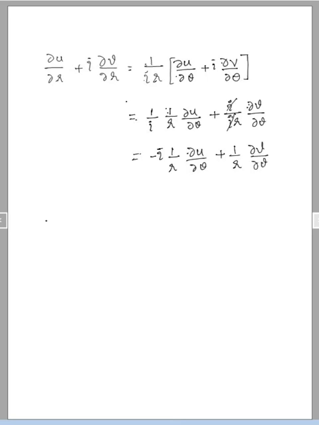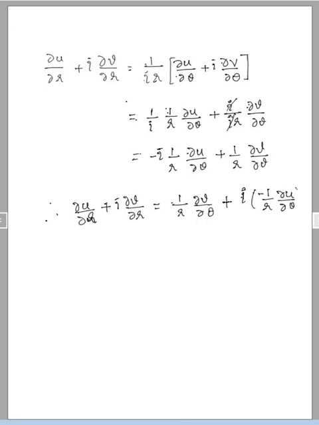So therefore, rewriting this: del u by del r plus i into del v by del r is equal to 1 over r into del v by del theta plus i times of minus 1 by r into del u by del theta. Now equating real part and imaginary part.